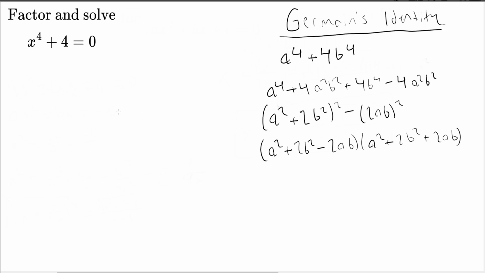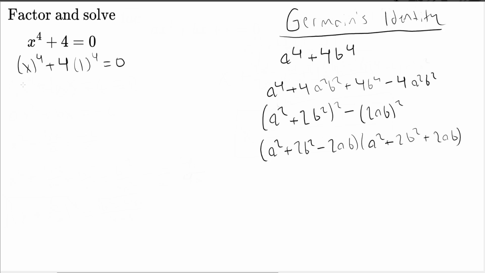So now when we come back to this problem, we can write it in the form x, in parentheses for emphasis, to the fourth plus 4 times 1 to the fourth equals 0. So now we can use the same second step.